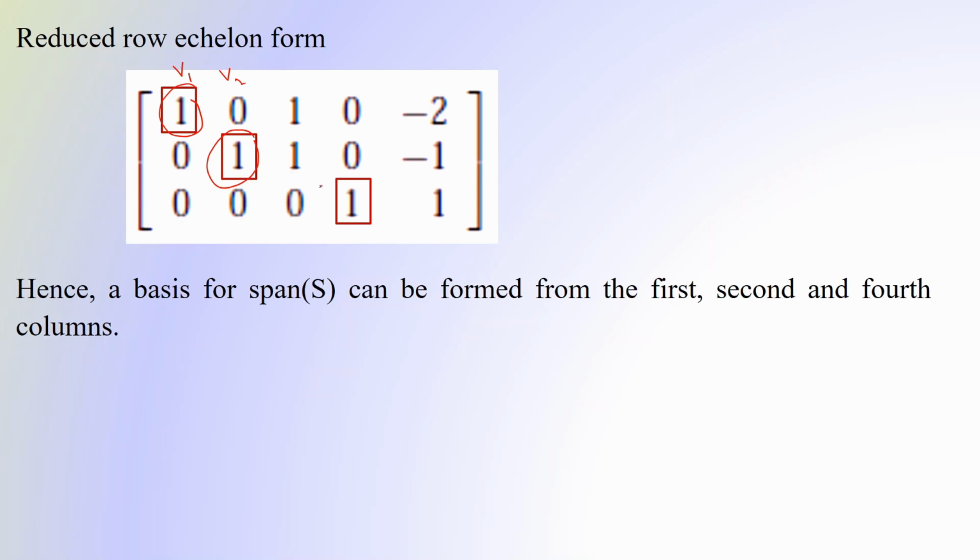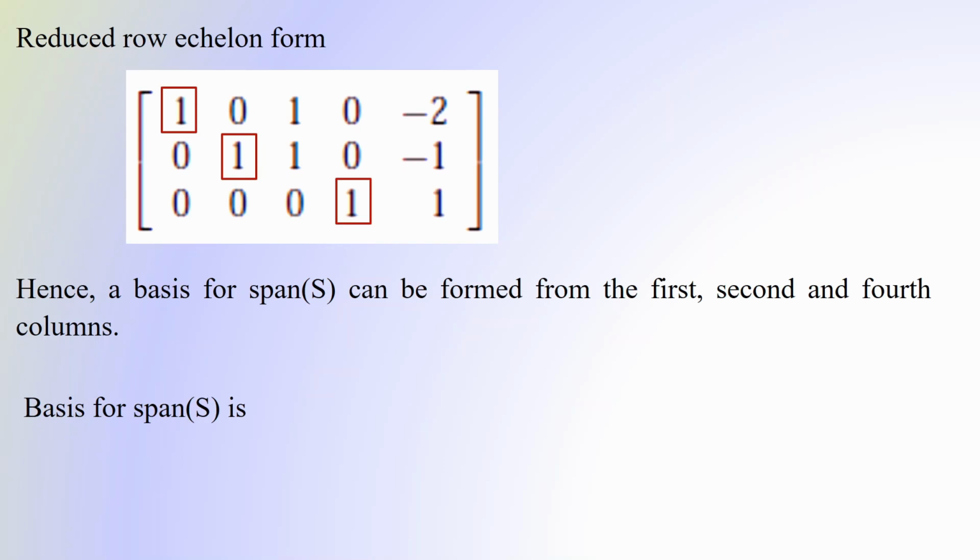For the third row, the next leading one is in the fourth column, V4. Now, V1, V2, V4 will form a basis. They are the linearly independent set of the collection, and they will form a basis for the span of S.